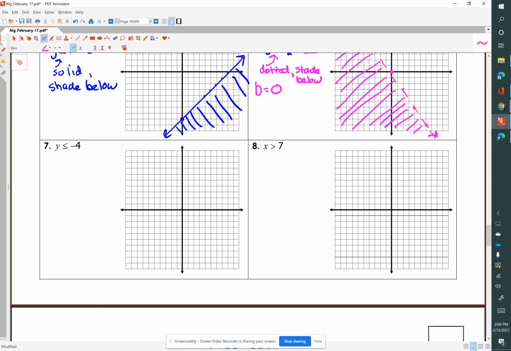Well, in this case, y is less than or equal to -4. So we go to -4, and we have no slope. We have less than or equal to, so we have a solid line. Because it's less than, we're going to shade below. And this is what our graph will look like.